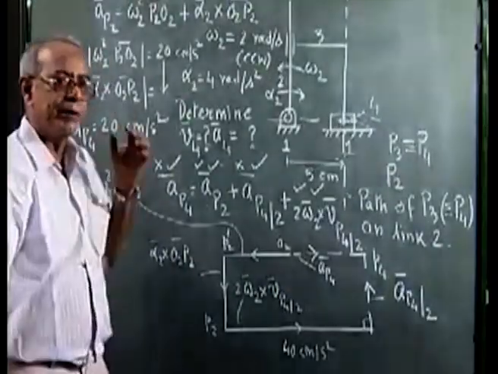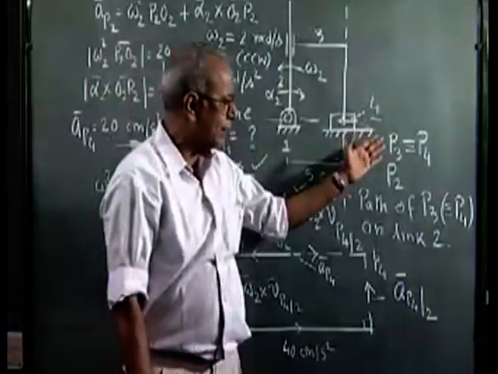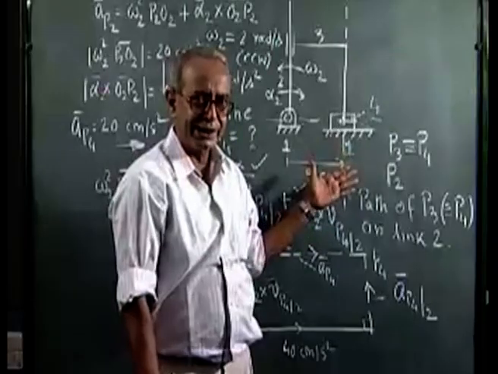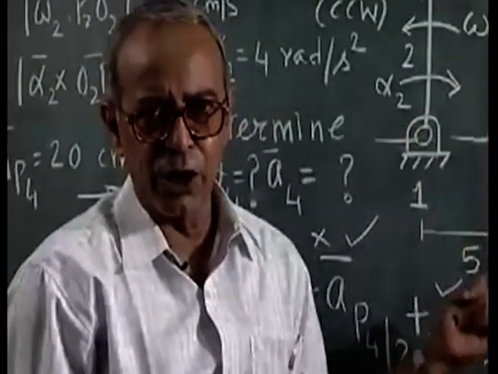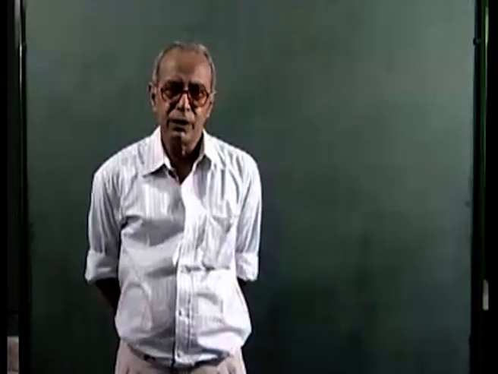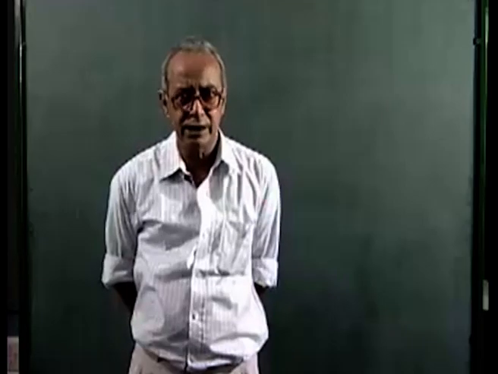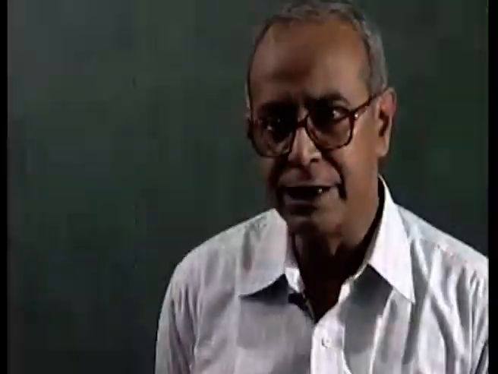So this example clearly shows the power of considering the instantaneously coincident points on various links when we have sliding joints on rotating links. Now that we have completed velocity and acceleration analysis by the graphical method, let me show you how to carry out such velocity and acceleration analysis through the analytical method.